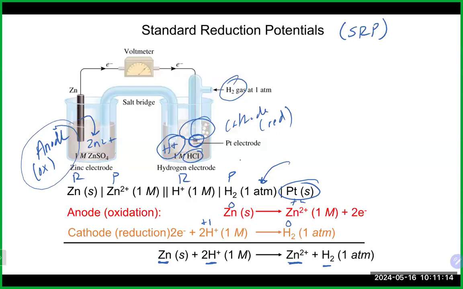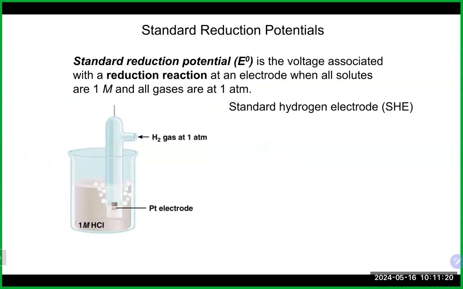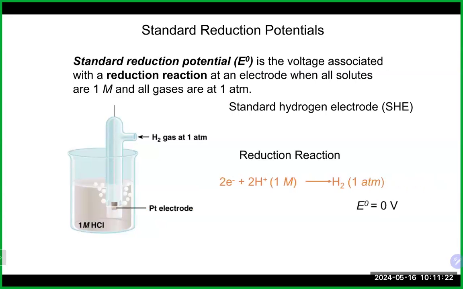Now, how do we get the figures on this table for these SRP reactions? Much like most things in chemistry, we usually assign something to act as a standard to compare everybody else to.